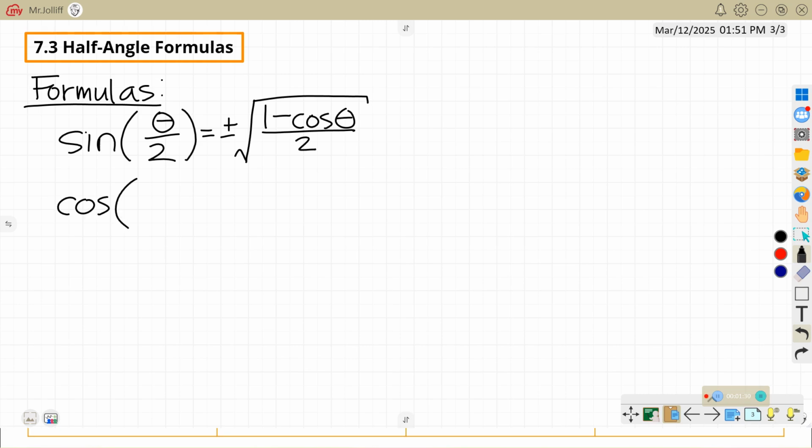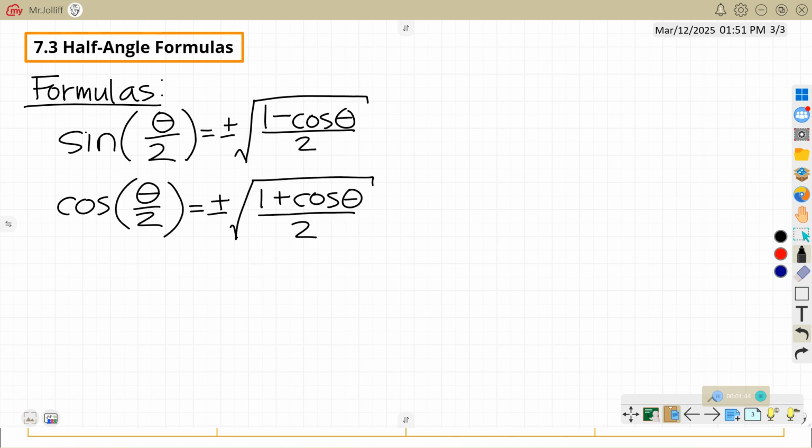For cosine of theta over 2, cosine of a half angle, we get plus or minus the square root of (1 plus cosine theta) over 2.